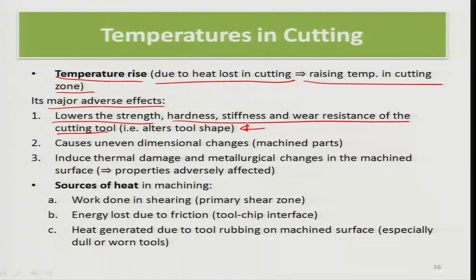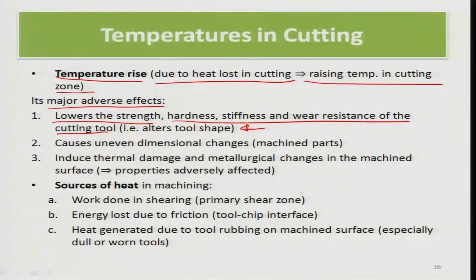So the tool life is the most affected, and we are going to do some formulations to optimize the cutting conditions so that the tool life can be enhanced, and you do not need tool changing, or need it a minimum number of times, so that you can do machining at a lower cost.